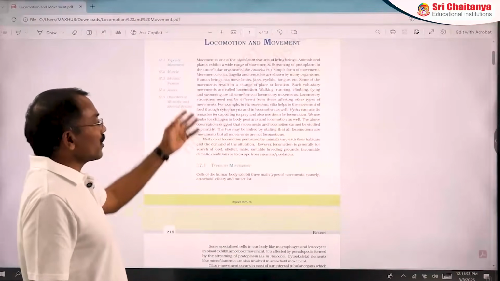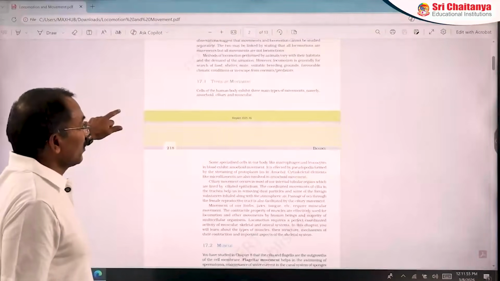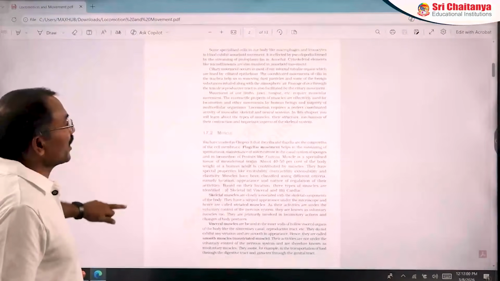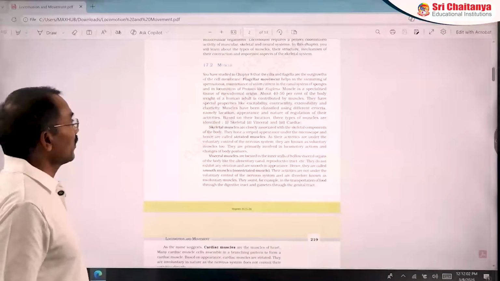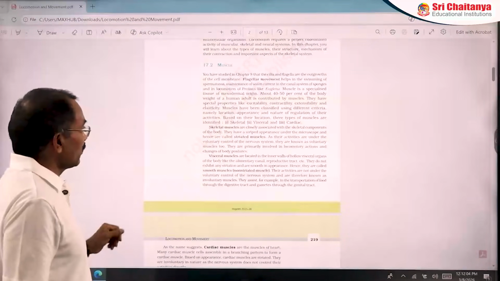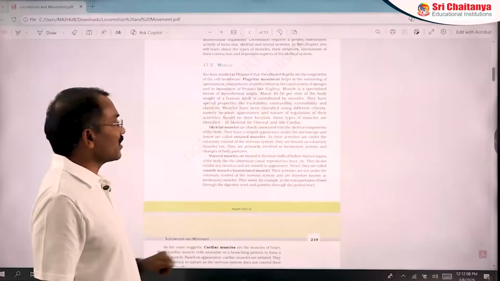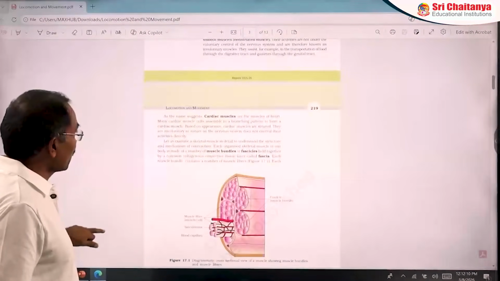This is related to what is locomotion, what is movement, followed by types of movements exhibited by body cells in our body, followed by muscle. You know muscles in our body are of three types: skeletal muscles, visceral muscles and cardiac muscles.